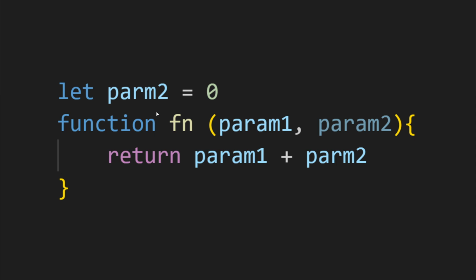Now, instead of adding parameter 1 and parameter 2, you're going to be adding parameter 1 and parm2. Now, this will cause unexpected behaviors, and even though it will technically never error, the code's not going to do what you want, right?